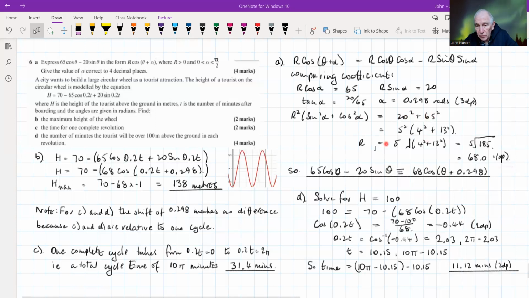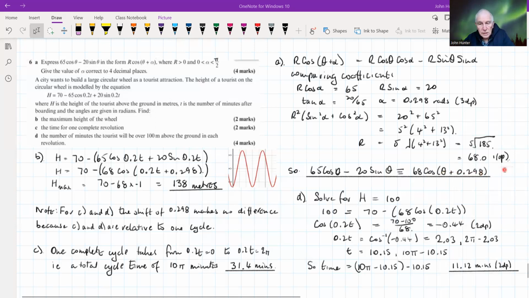If we work that through, r equals, well, we can have it in surd form here, but it's rather awkward to work with, so that's just been taken to a decimal, 68.02 to 2 decimal places. So our 65 cos theta minus 20 sine theta, which is what we started with in the question, we can express as 68 cos(theta plus 0.298) to that degree of accuracy.